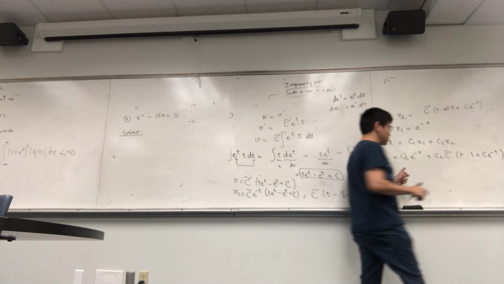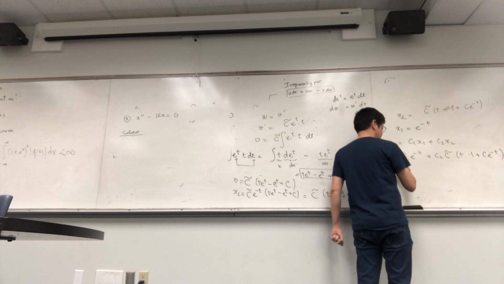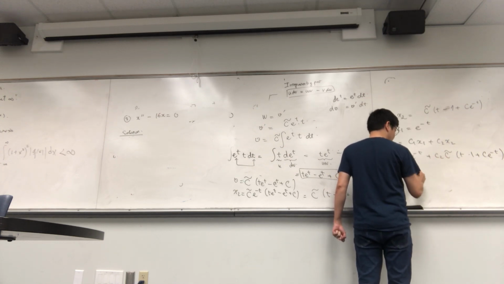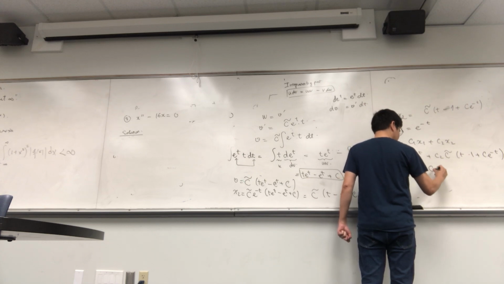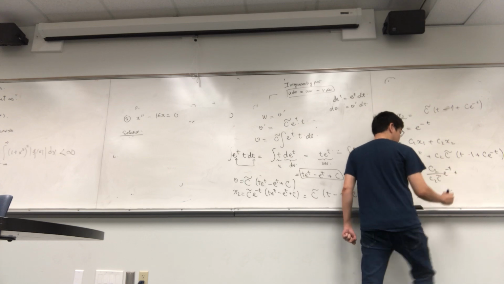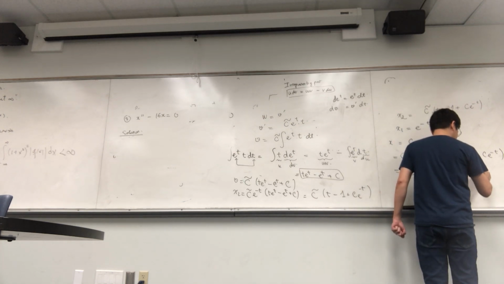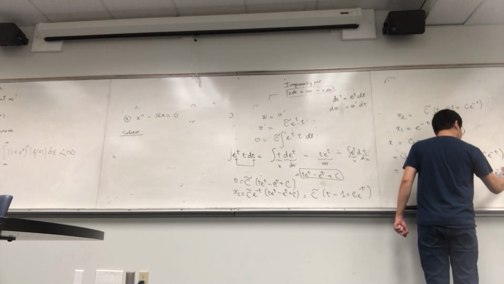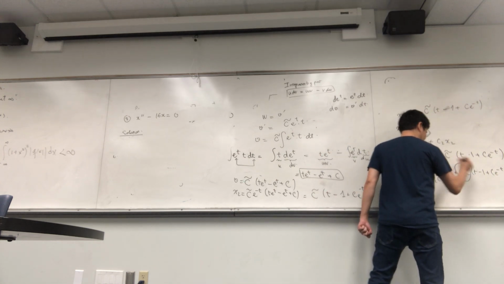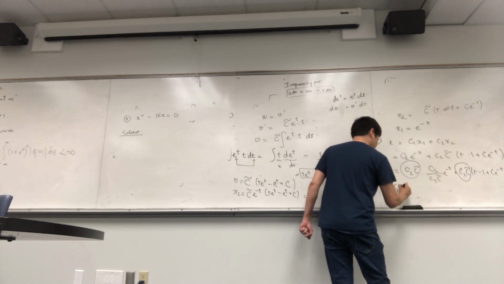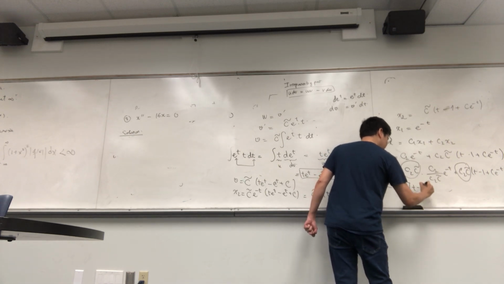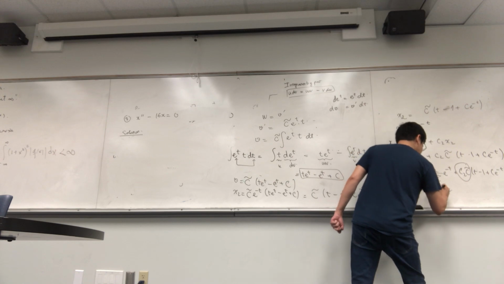So basically, you can absorb this here if you put c2 tilde as the common factor. So you have c1 over c2 c tilde e to the power minus t, c2 c tilde t minus 1 plus c e to the power minus t. I put this term and this term together, with c2 c tilde as the common factor outside, leaving t minus 1 and c e to the power minus t.